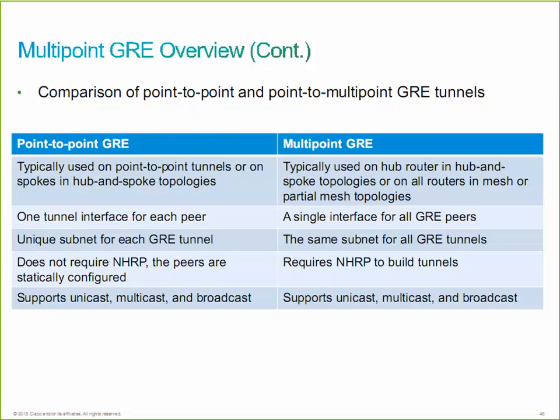In order to learn about the IP addresses of the other peer, the devices that are using multipoint GRE have to use NHRP to build that dynamic GRE tunnel. And by the way, the peers don't have to use static IP addresses anymore. We can use dynamically assigned IP addresses on the peers.